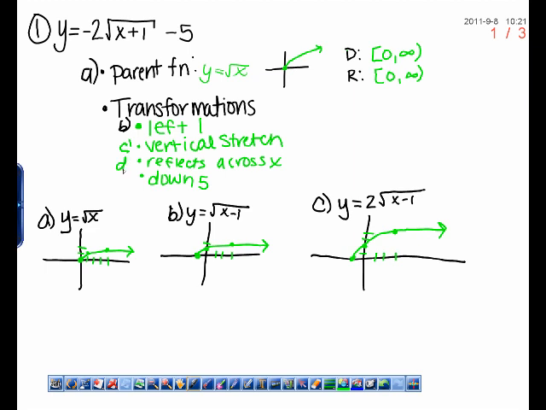Let's do D now. A reflection across the x-axis. Okay, so now I'm going to graph y equals negative 2 times the square root of x minus 1. Right? What happens to the point negative 1, 0?